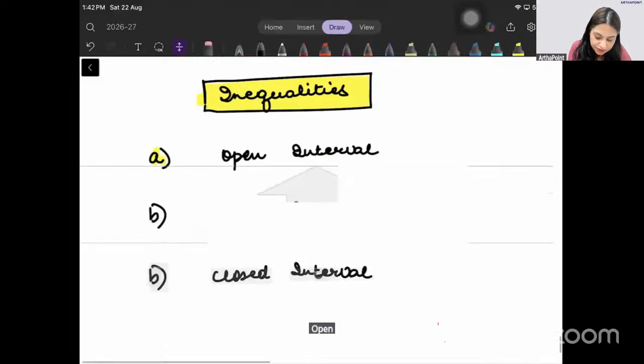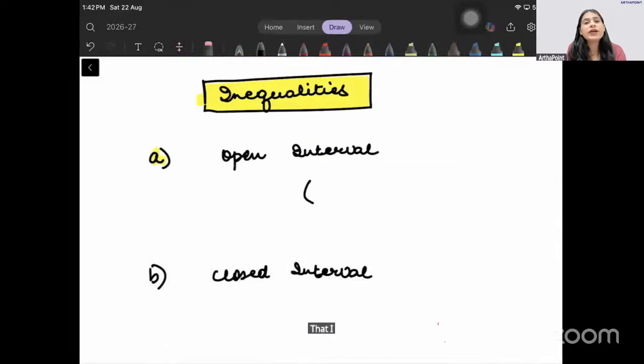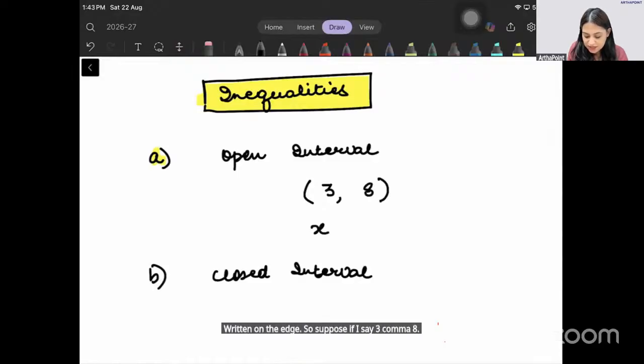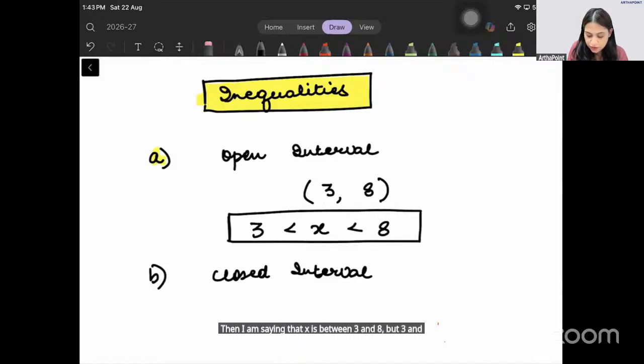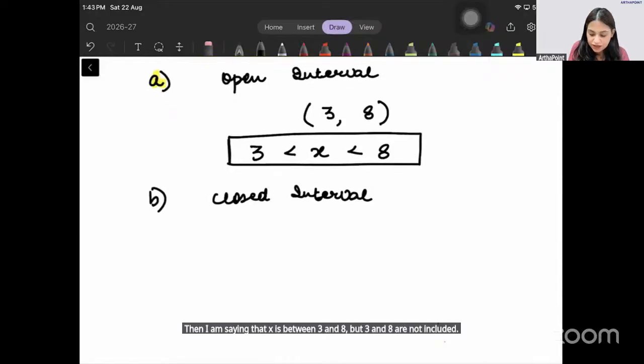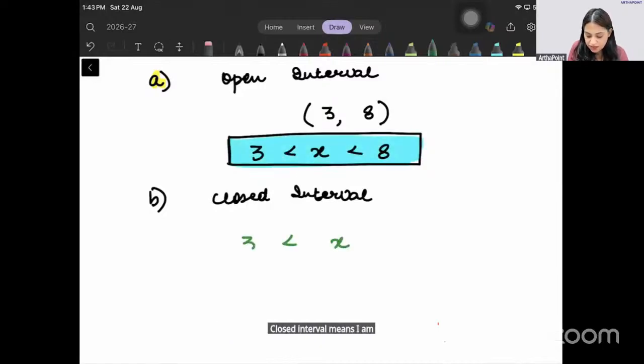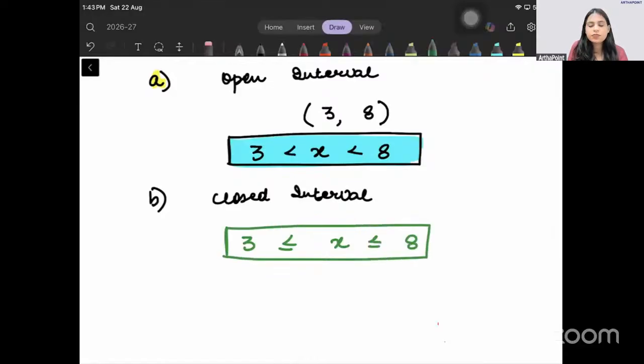Open means that I am not including the elements written on the edge. So suppose if I say 3, 8, then I am saying that x is between 3 and 8, but 3 and 8 are not included. And when I go ahead and when I say a closed interval means I am including 3 and 8 also. So this will be represented by this.